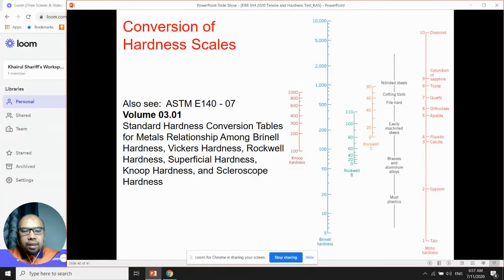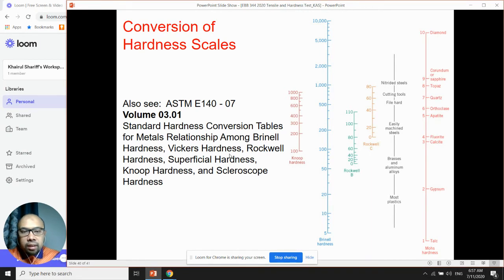This one is just a conversion. Why is this conversion important? Let's say when you work in a factory, your boss asks you, Khairul, you need to measure the hardness using Knoop, but in your laboratory or QC department you only have Vickers instruments.